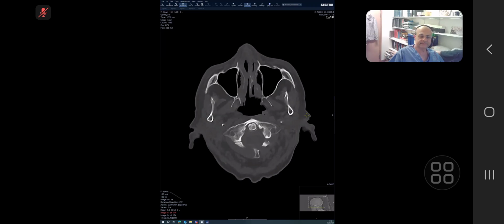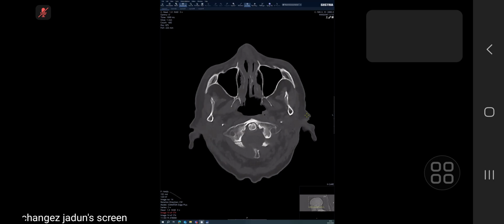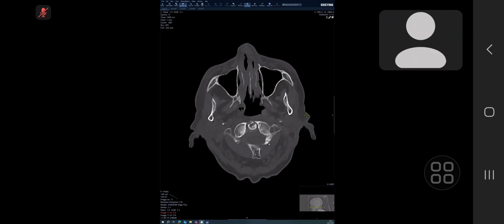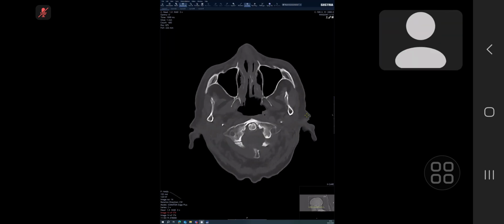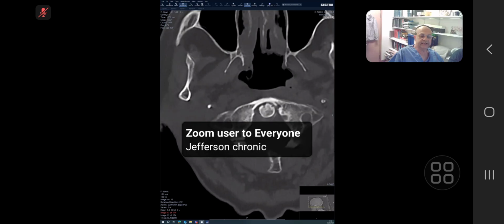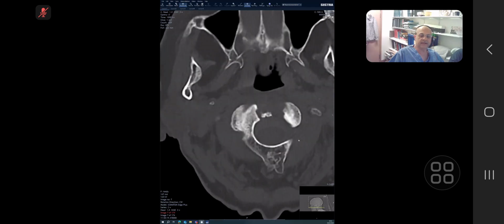So what is this? This is a fracture. Is this an acute fracture or a non-acute fracture? It doesn't seem to be acute because there's some sclerosis also which I can see. Correct. So you say that I can see a fracture, but there is some sclerosis around, so this appears to be a non-acute fracture.